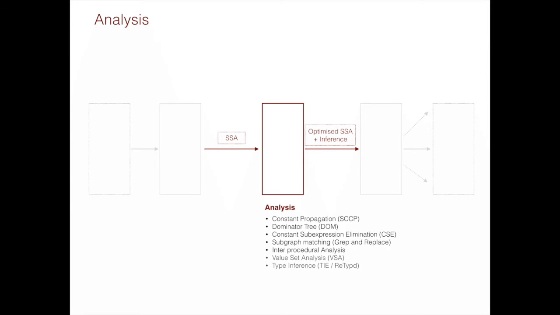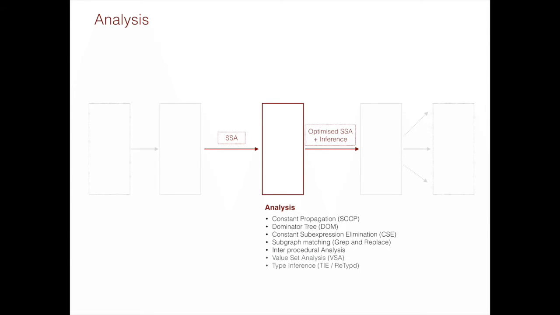The list of analyses is ever growing, and with each analysis we improve the final decompiled output. As I mentioned earlier, each analysis is iterative, meaning you have a chance to interact with the decompiler after each pass of the analysis. The first analysis is constant propagation, labeled as SCCP, which stands for sparse conditional constant propagation.